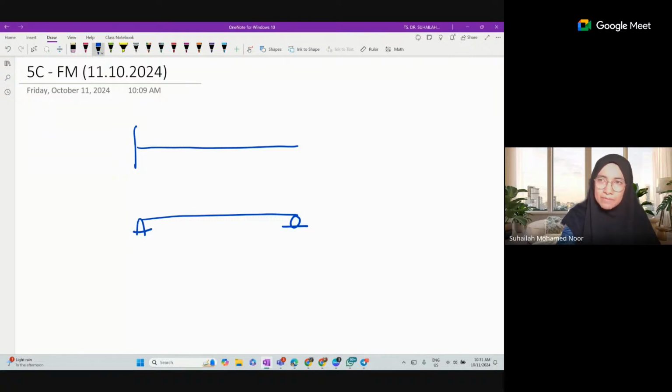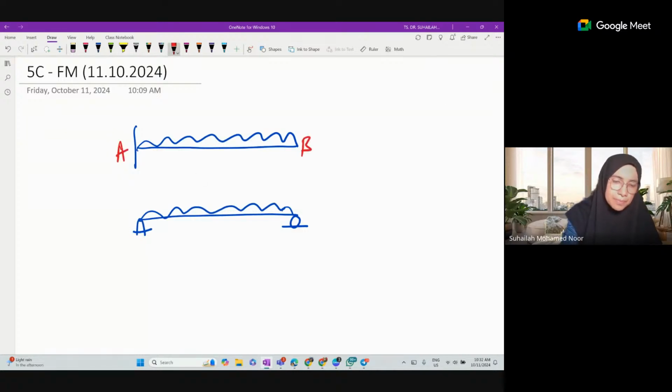One is cantilever beam, another one is simply supported beam. Let's say this is subjected to UDL. So A, B, A, B.